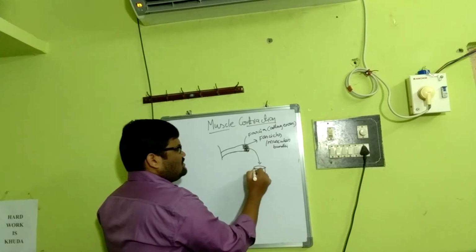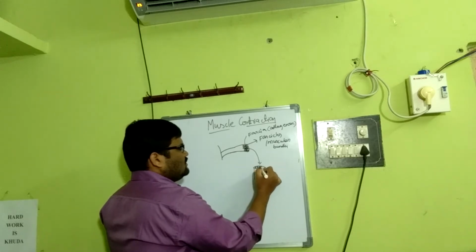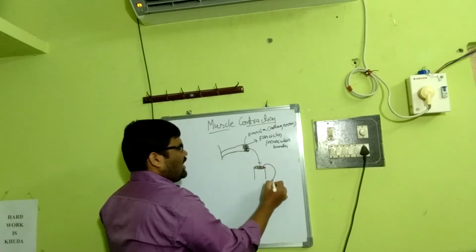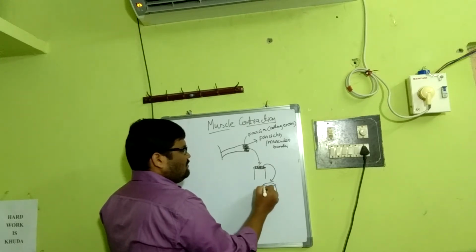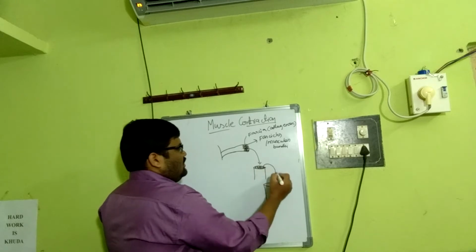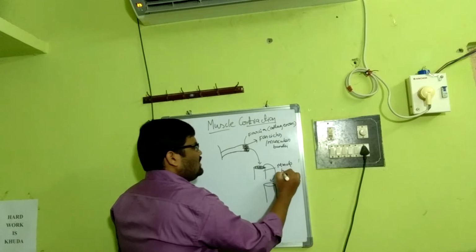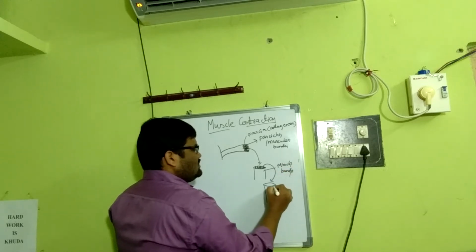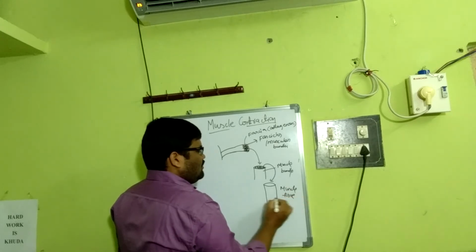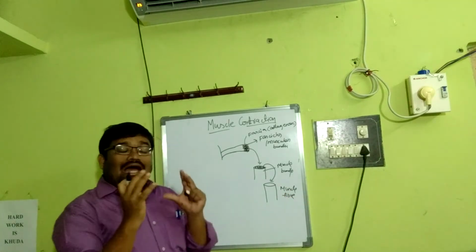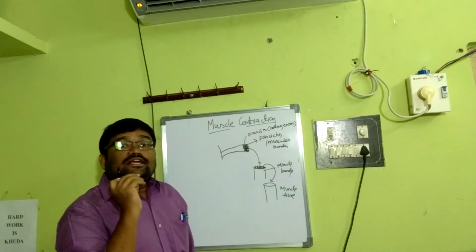Say this muscle bundle consists of muscle fibers. I would like to magnify the same: this is one particular muscle fiber. This is one muscle bundle, and this is the muscle fiber. When we examine the ultrastructure of the muscle fiber, there are different essential components.